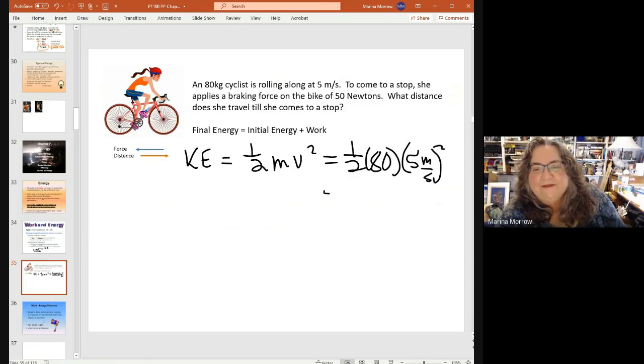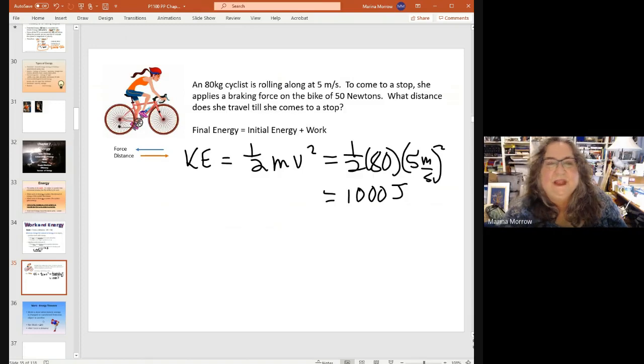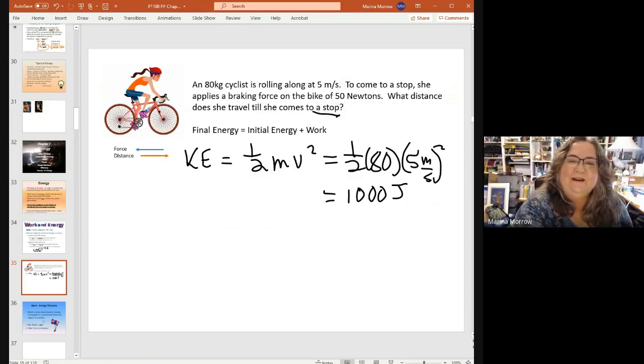Okay, and that came out to 1,000. So she had 1,000 joules of energy. That's her initial energy. Her final energy is going to be 0. Kinetic energy is going to be 0 because she's going to come to a stop. So her final energy is going to be 0. Her initial energy must be 1,000 joules.